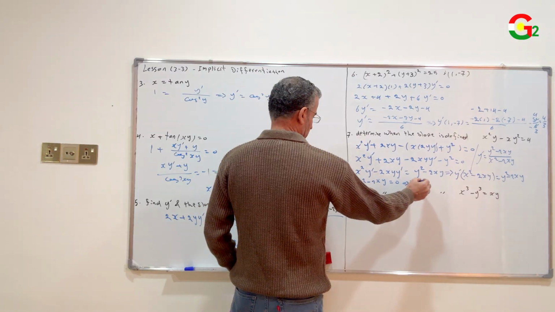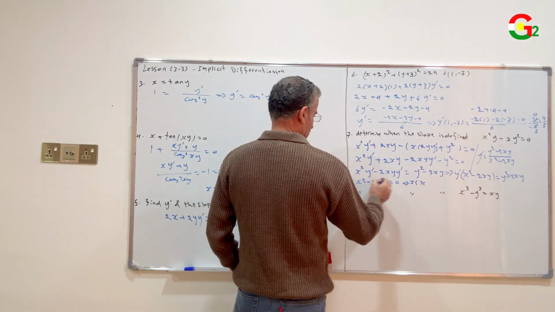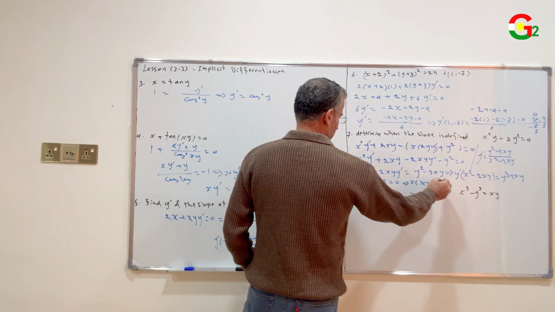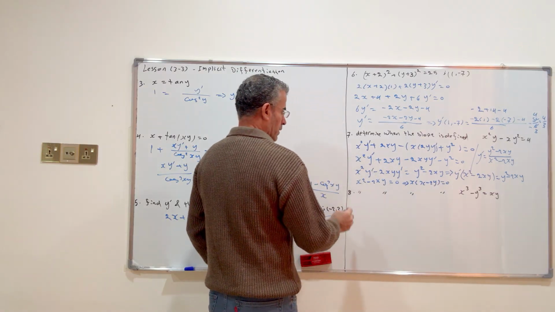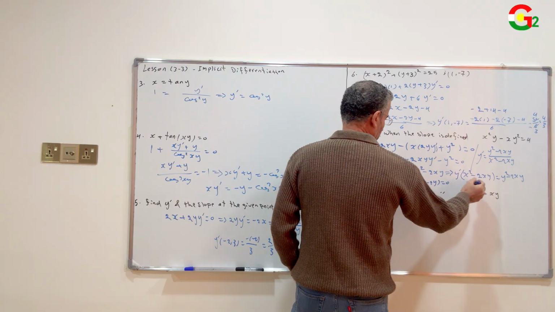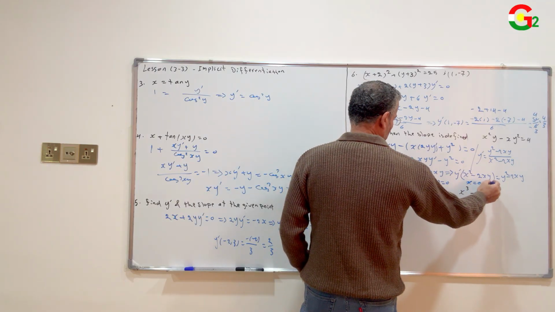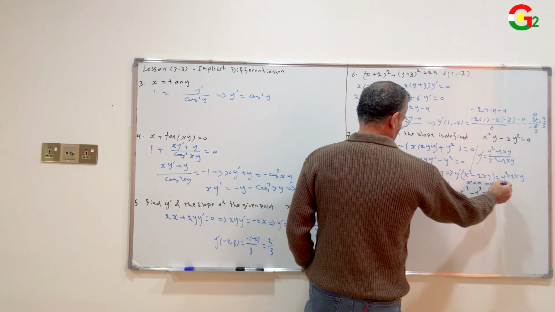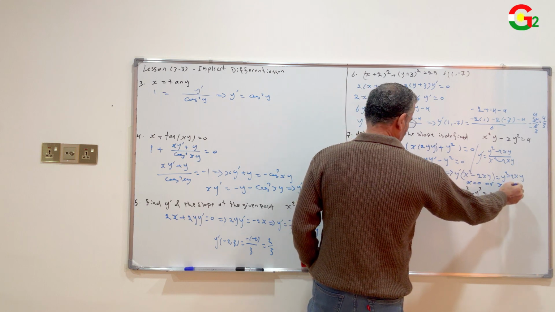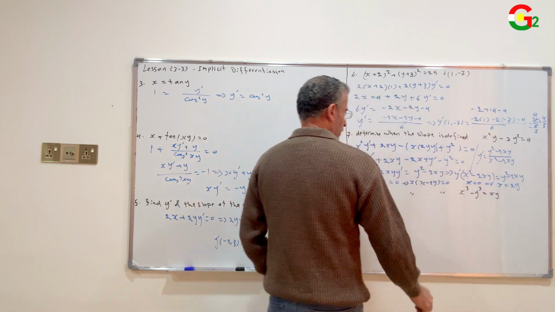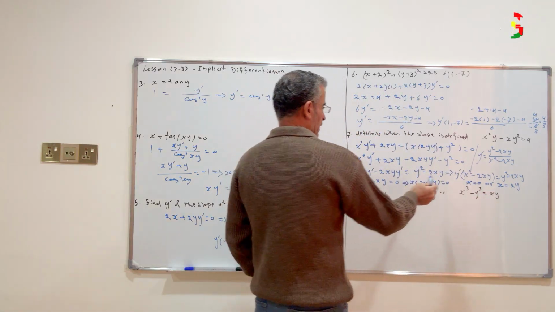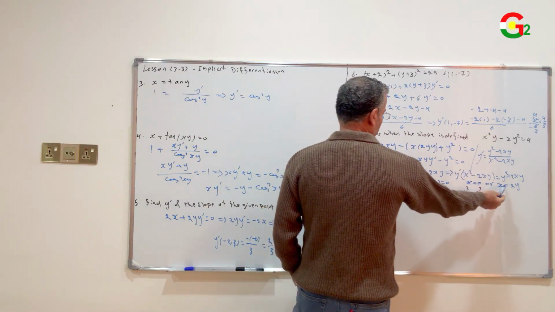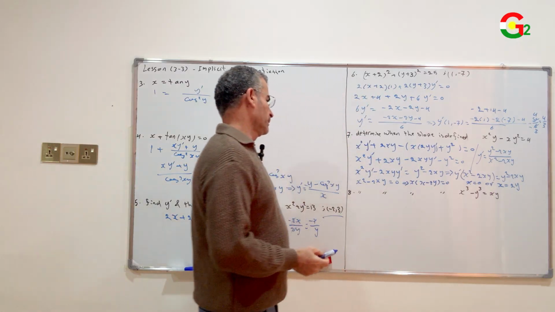Factorize: x times x minus 2y equals 0. Either x equals 0 or x equal to 2y. Then the slope is defined everywhere except when x equals 0 and x equal to 2y.